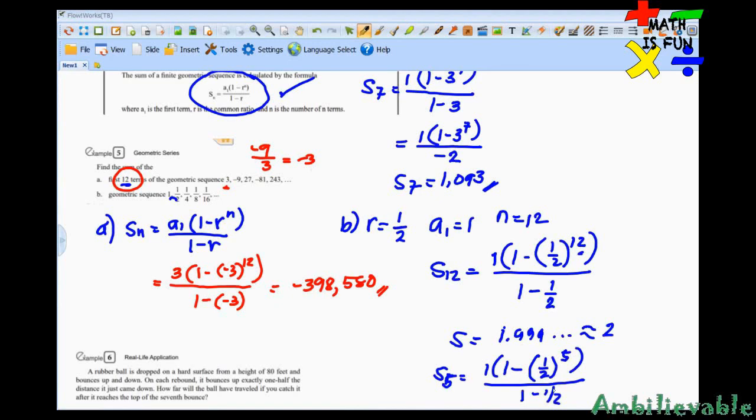So let us change the 12 to 5, 5 terms. So this is actually approaching 2. If that's the 12th term, it's 1.99, right? So this is approaching 2.